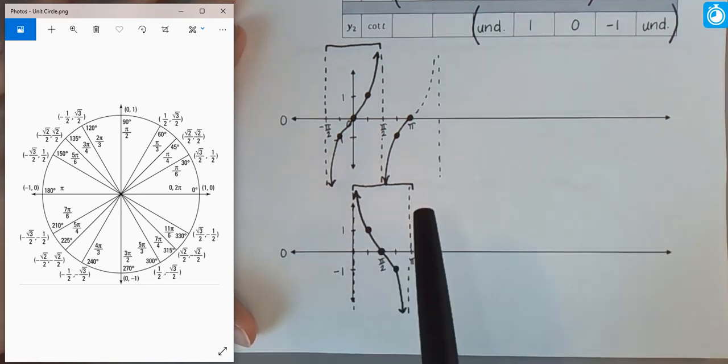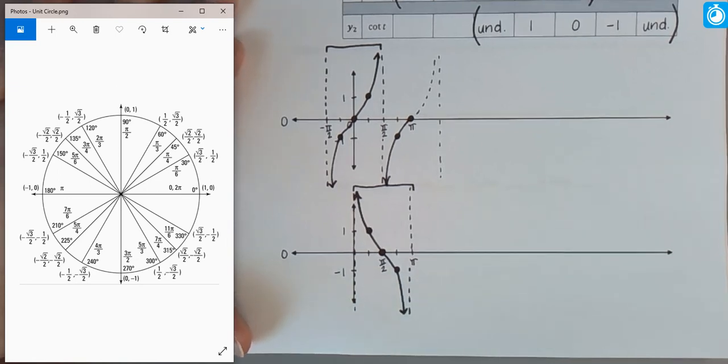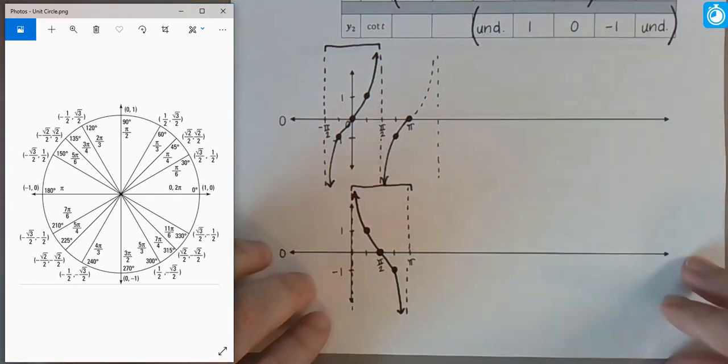So when in doubt, if you can't remember where the asymptotes go, look at those quadrantal angles at 0, at pi over 2, and then at pi, and determine what the values would be for your tangent, for your cotangent. At any of the locations where one of them is going to be undefined, that's going to be a location for an asymptote, and then you're going to find asymptotes at regular intervals after that. So that'll be something helpful to look at.